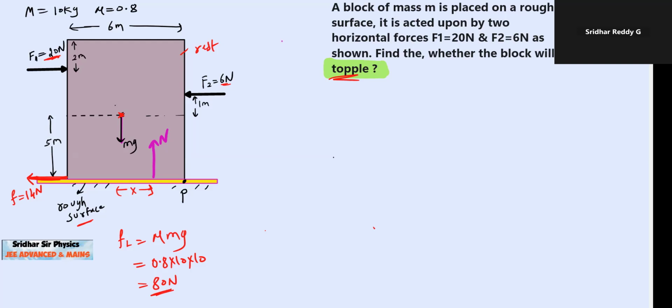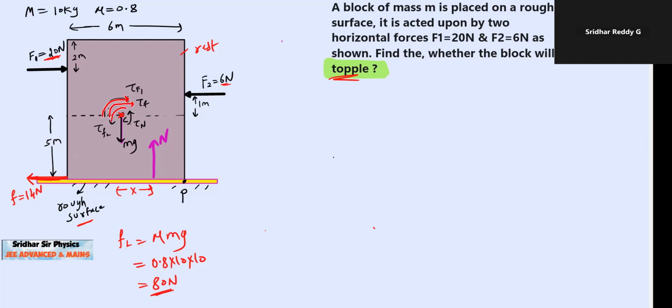I'll show all the things here. It will be easy. The torque due to F1, torque due to friction, torque due to F2, torque due to normal contact are acting about the center of mass. Okay, fine. Torque due to applied force F1 is clockwise. Torque due to friction is clockwise.